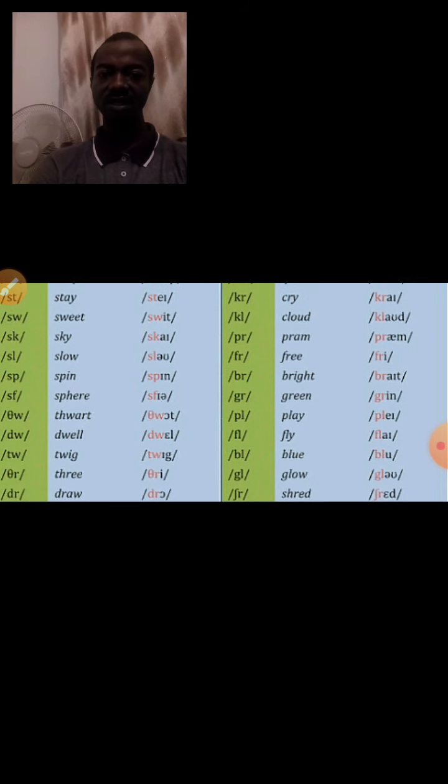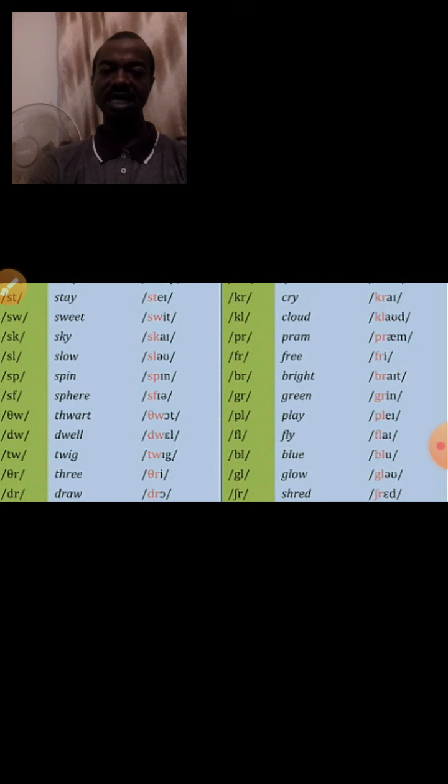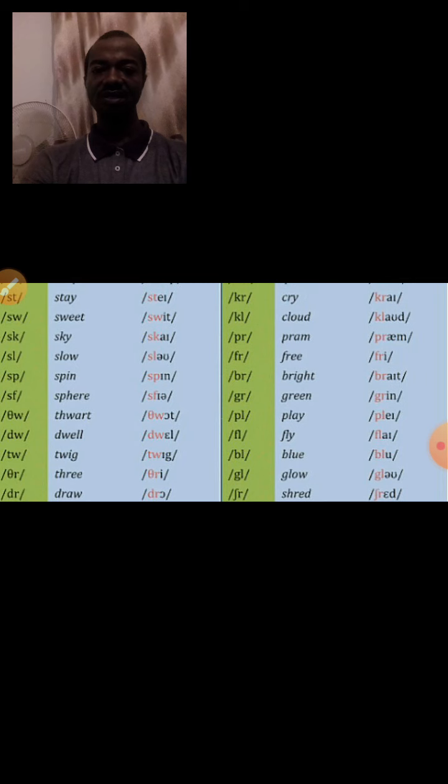fly, you have blue, you have glow, and then you have shred, SH and R, shred. Don't forget again that the SH forms a single sound, so it's a digraph. A digraph, once again, is a combination of two letters that form a single sound, while a trigraph is a combination of three letters that form a single sound, like in the word match.